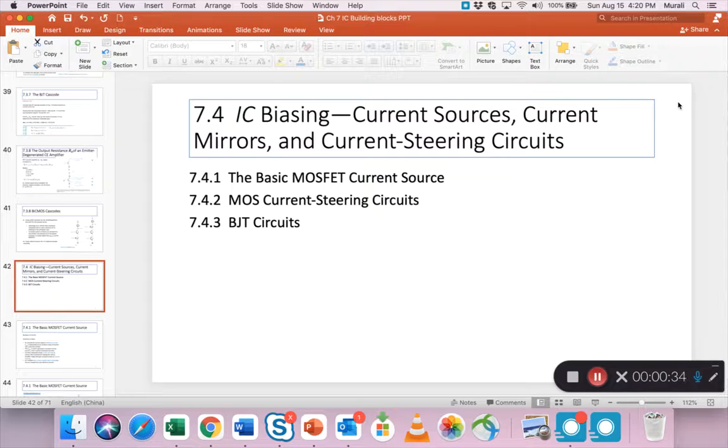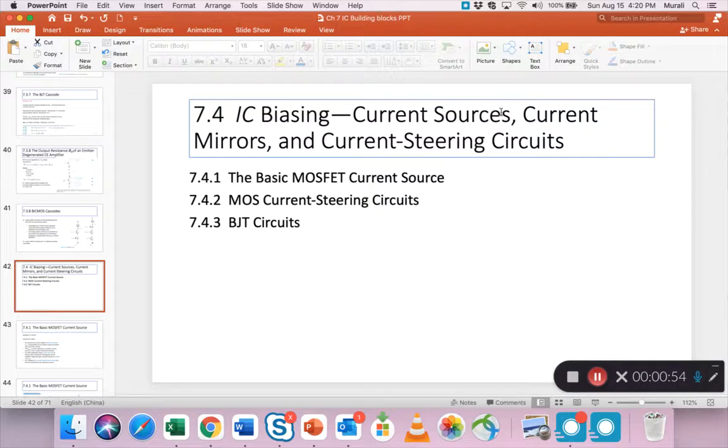So, the next important topic is actually a collection of topics in our textbook, all under section 7.4. And this section is called IC biasing, and it does a little more.